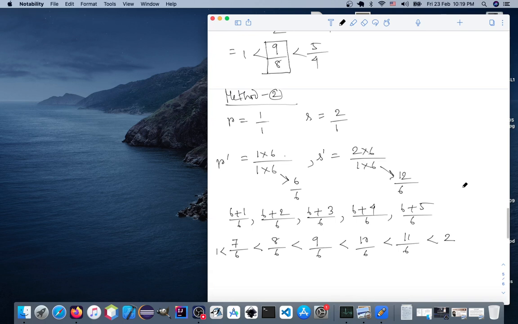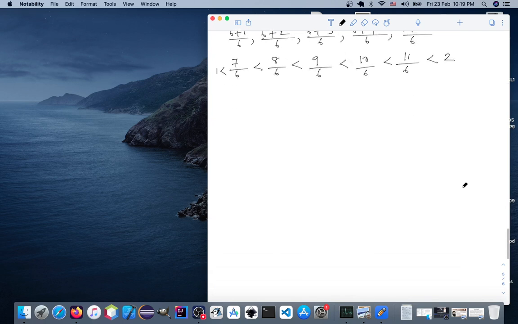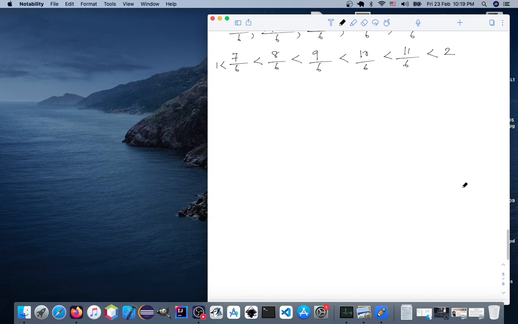Let's see another example for finding more than one rational number between two given rational numbers having different denominators. We will see that when we do exercise 1.1 from the NCERT textbook.